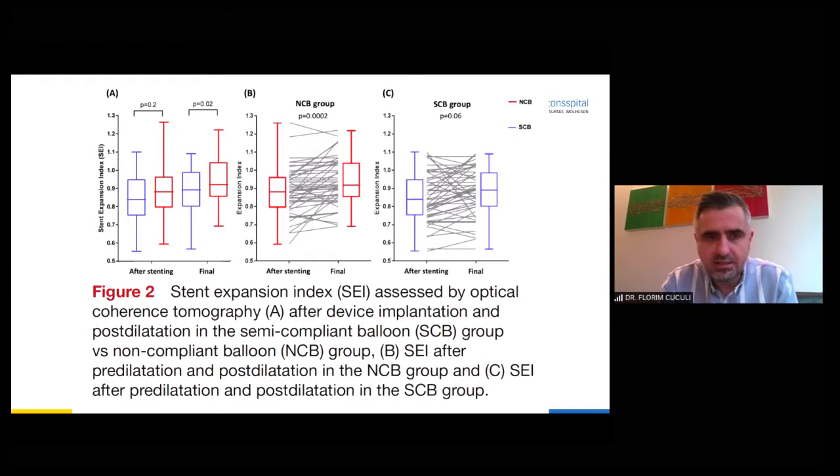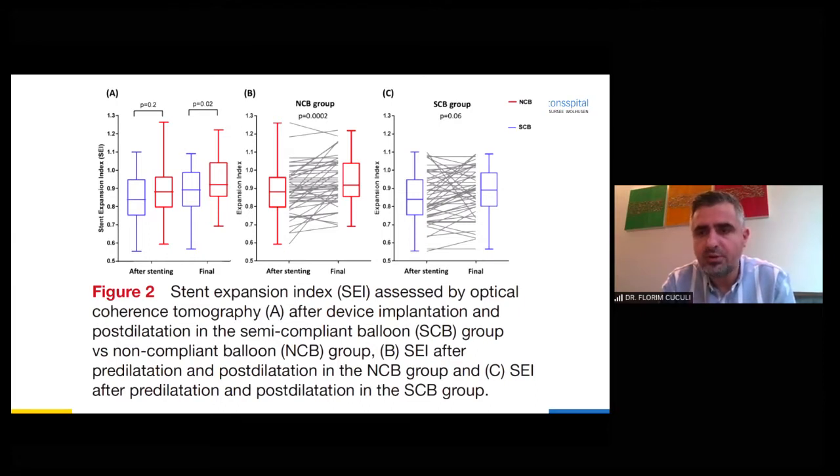And we did OCT after stent implantation, and you can see here the difference was not really significant. So independently of whether you pre-dilated with a non-compliant or semi-compliant balloon, when you implant a stent, the difference was not really major. But then when you post-dilated, you see that you achieve a significant difference.